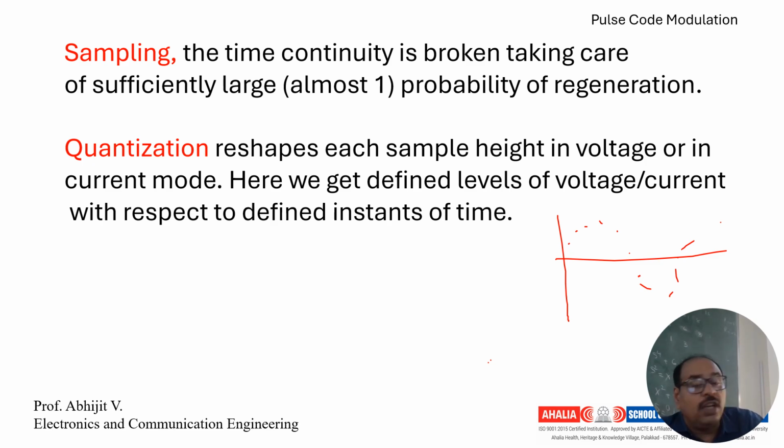I broke the signal and I made it discrete, and I made discrete points here. Now quantization means I am assigning a value to each of these points here. This value is a set of binary digits and it is called a symbol.